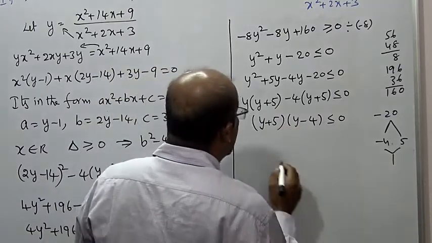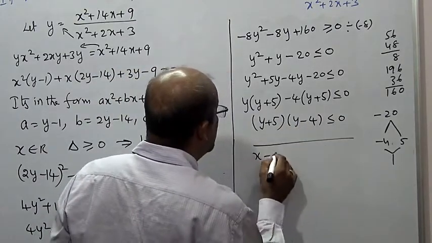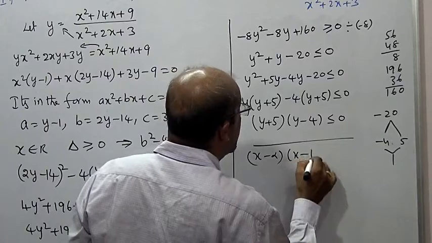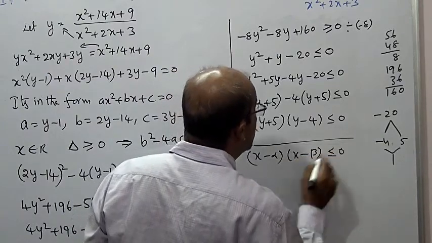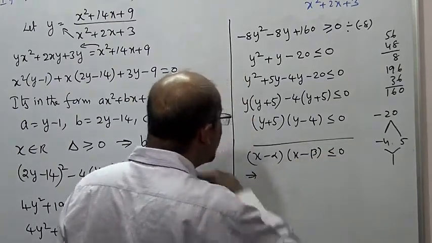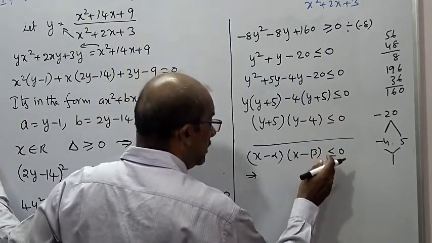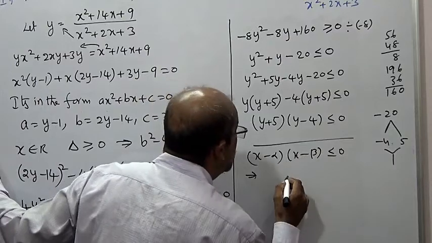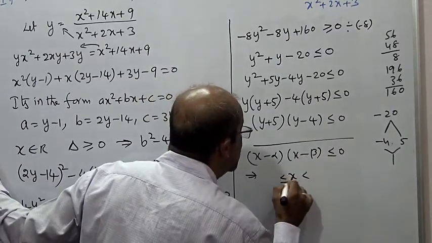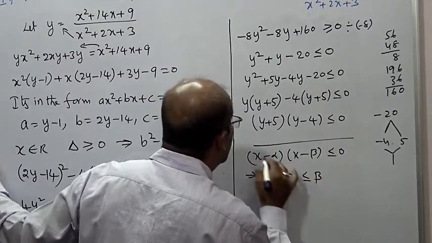Already I said x minus alpha into x minus beta less than or equal to 0, then the x value lies between alpha and beta.